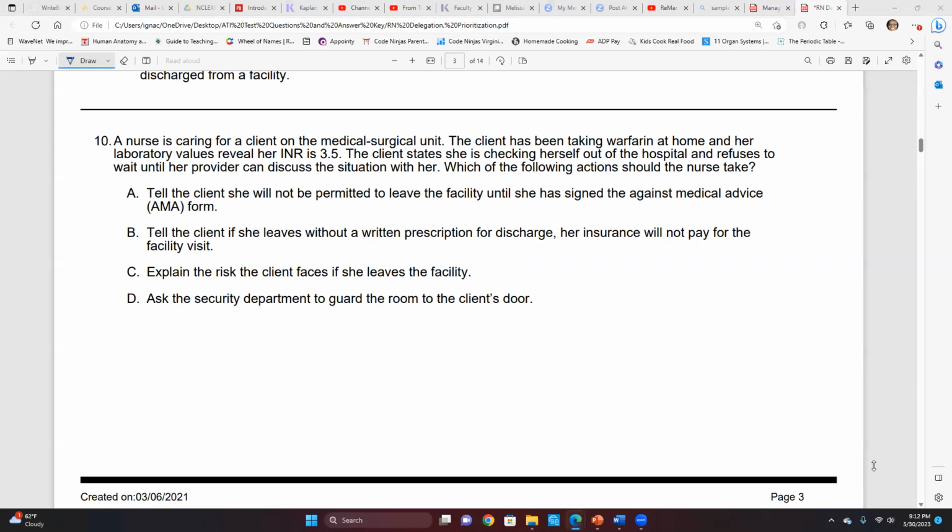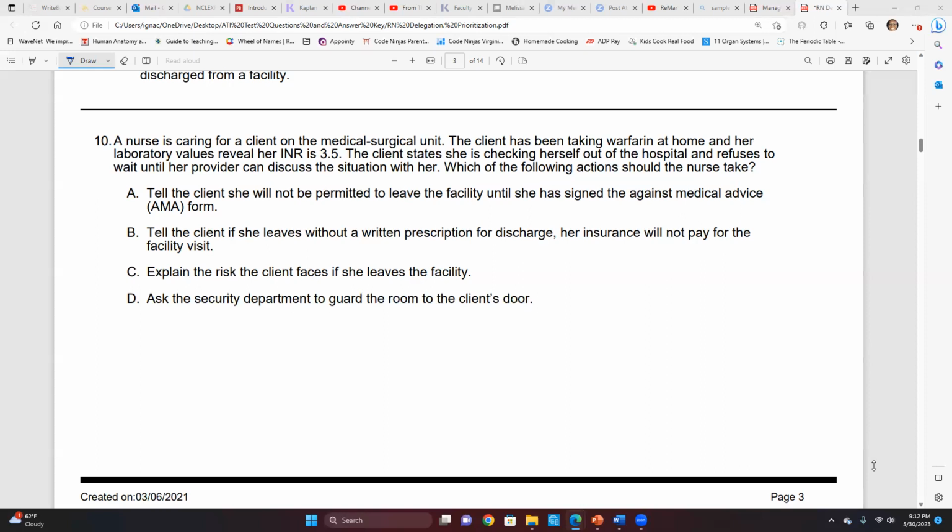She won't be permitted to leave until she signs. Why am I forgetting this? I know she needs to sign, but we don't need to withhold her. Explain the risk she faces if she leaves the facility. Need to let her know.